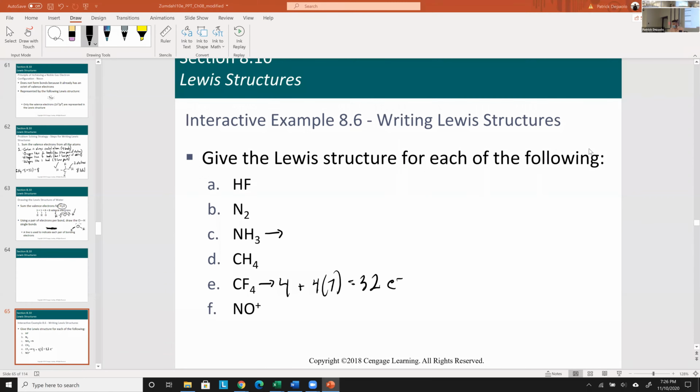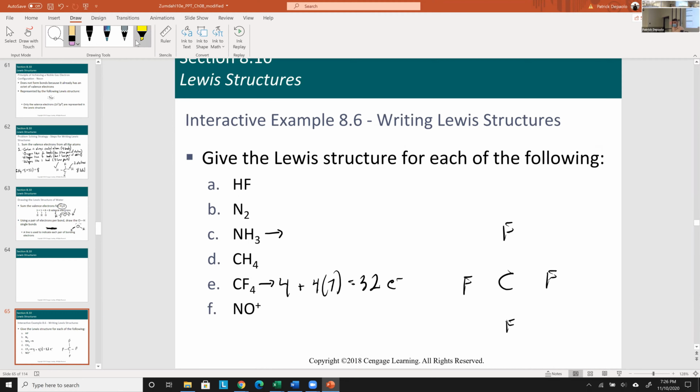So now, the arrangement. Carbon's going to be in the middle. We always know that. We put carbon in the middle, and our fluorines are going to be on the opposite sides, because halogens like to partake in one bond. But let's say we don't write the bonds yet.